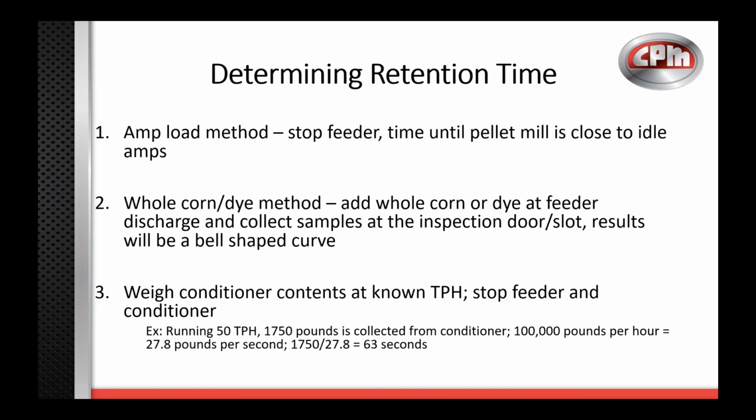We collect the amount that is inside our conditioner, and for this example, it's 1,750 pounds. And we can then convert our capacity to pounds per second. So 50 tons per hour converts to 27.8 pounds per second. We would then take the amount we collected, our 1,750, divided by our pounds per second, 27.8, to then get 63 seconds of retention time.